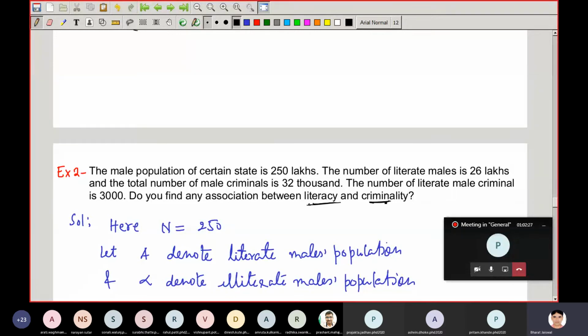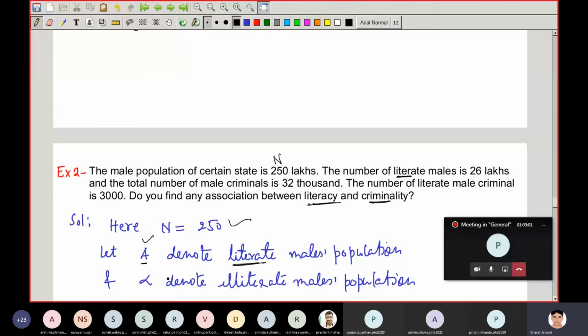तो कैसे करेंगे? एक क्लियर कट दिया गया है कि जो टोटल पॉपुलेशन है दैट इज कैपिटल N। क्लियर? तो हमने लिया यहाँ पे 250 लाख है, Getting students? अब दो तरह के एट्रीब्यूट यहाँ पे, एक तो लिटरेसी, दूसरी क्रिमिनलिटी। तो लिटरेसी कुछ ले लेते हैं, मान लीजिए नंबर ऑफ लिटरेट मेल्स को हमने A एट्रीब्यूट दिया। एट्रीब्यूट्स हैविंग द लिटरेसी is denoted by suppose A, clear?